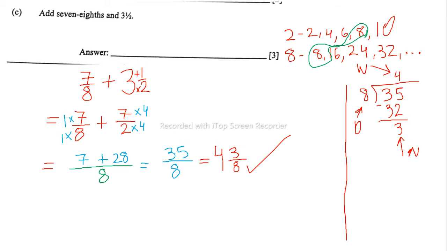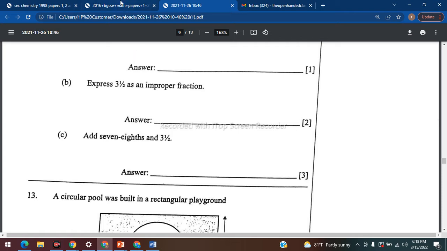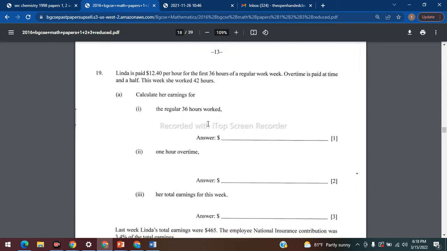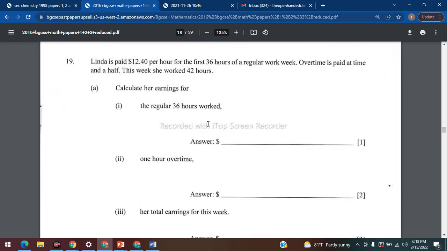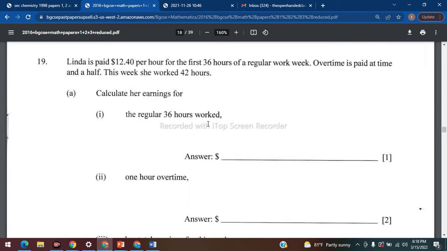All right, next up, we're going to look at this question. This is supposed to be familiar to us. And the question states the following.